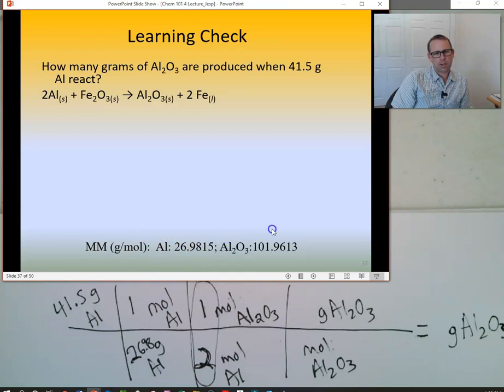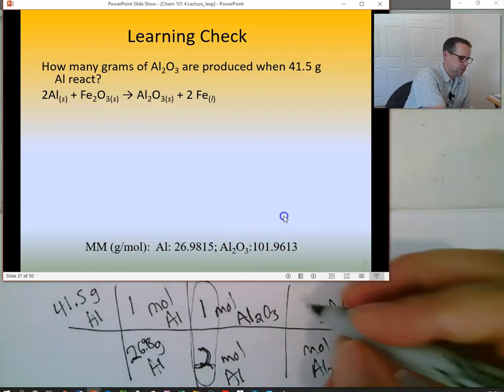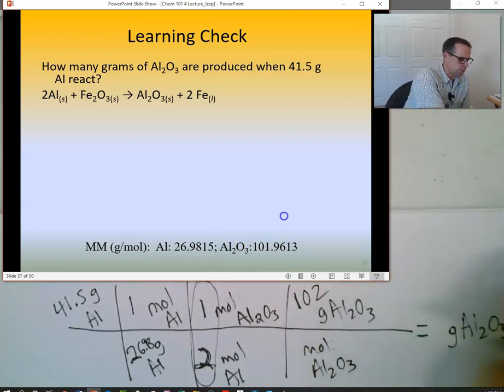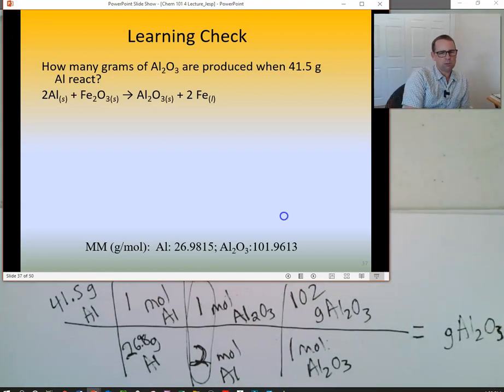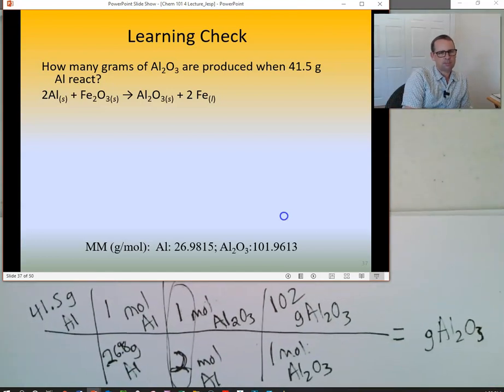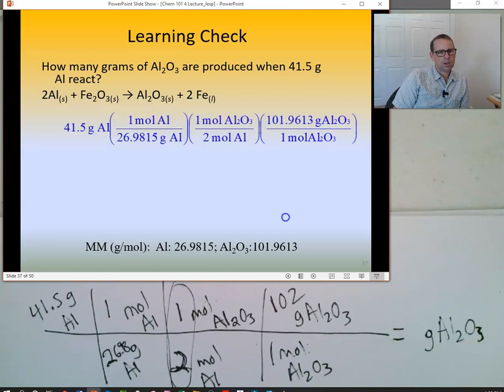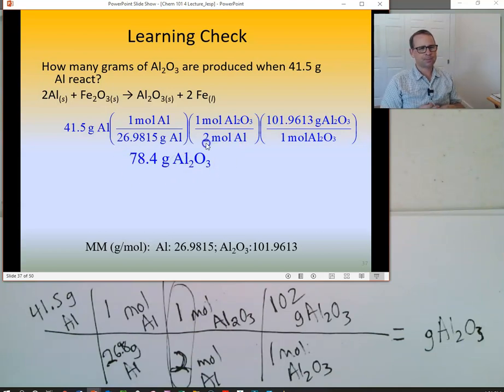But we have it right here on the slide, 101, about 102, so I'll round it up to 102 grams for every mole of aluminum oxide. So 41.5 divided by the 26 divided by 2 times the 102, and that'll give us 78.4 grams of aluminum oxide.